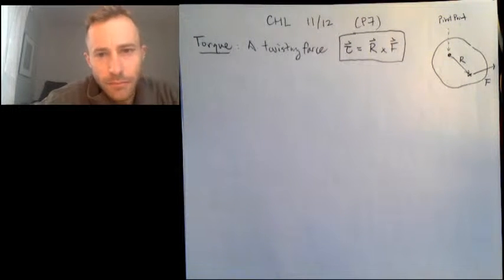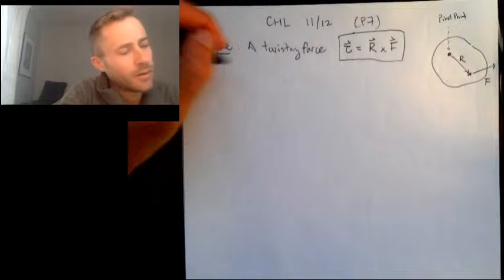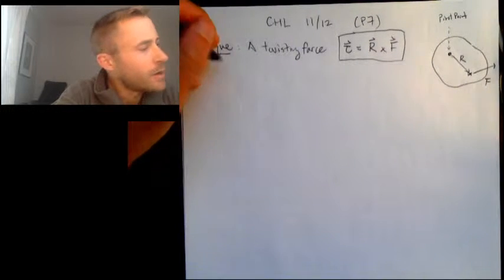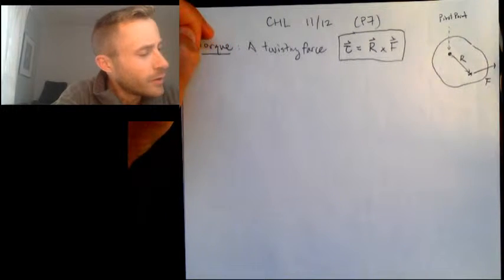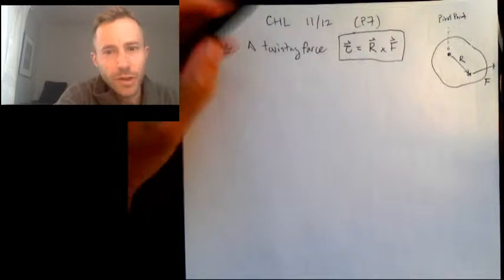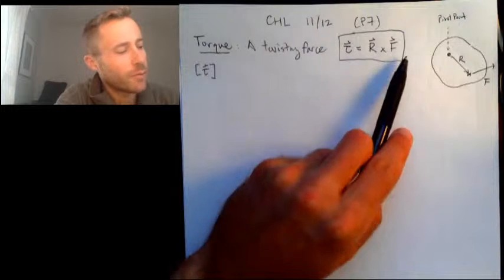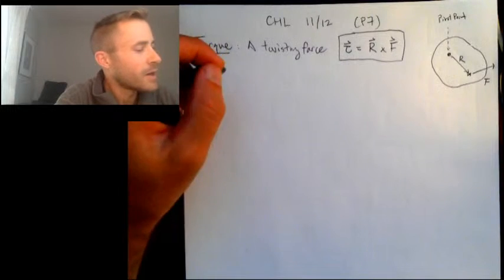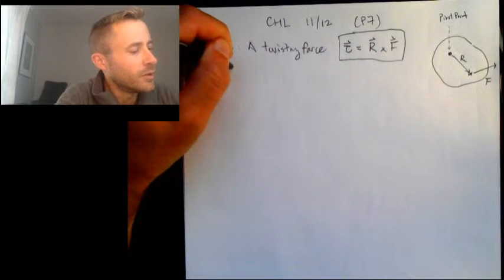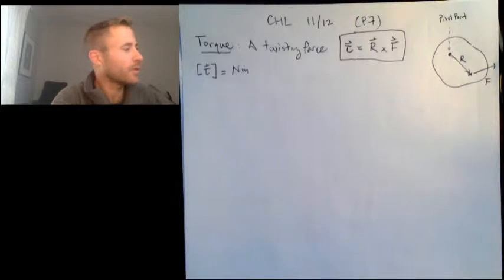But most of the time, it's not necessary. The units of torque are obvious from this equation because it's a position vector times a force, so it's newtons times meters, force times distance.